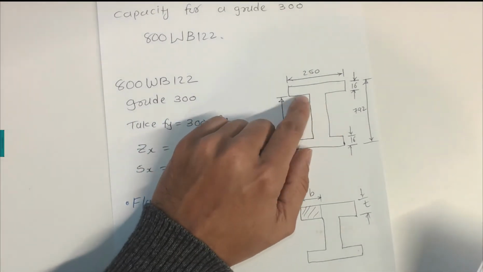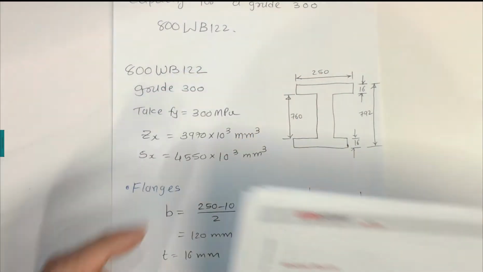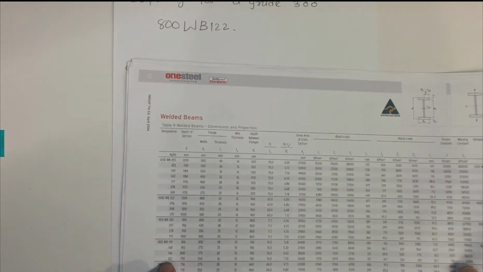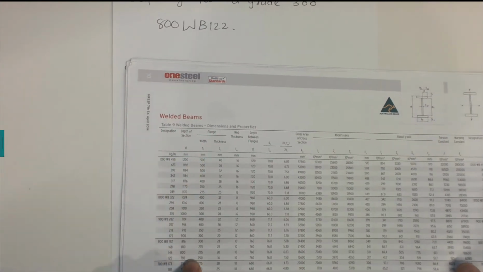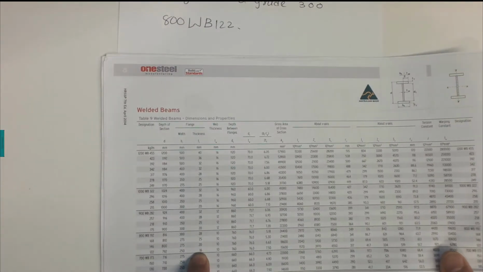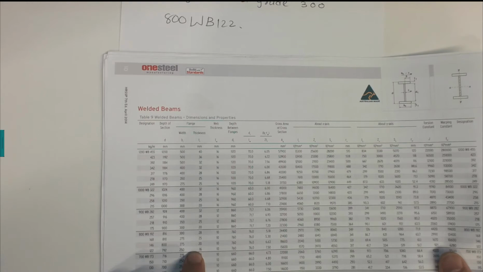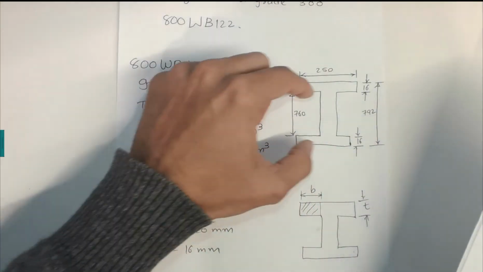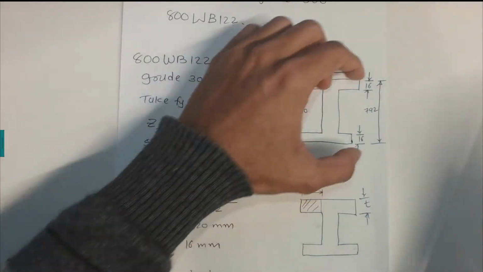Also I draw this figure for the 800 WB 122. 250 millimeters is the width of the flange. The thickness of the flange is 16 millimeters, as given here. Then we have 792, which is the depth, D equals 792.